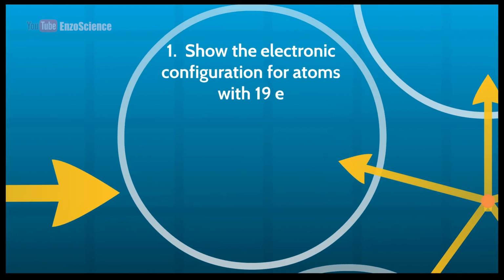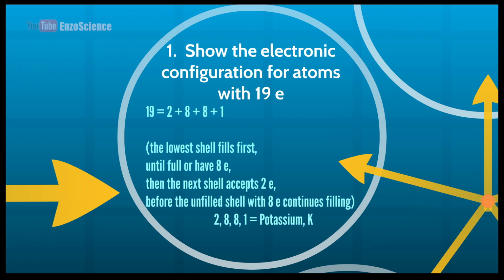The first question asks for the electronic configuration of an atom with 19 electrons. Let's fill electron shells from the lowest. The first shell contains 2 electrons. Then the second one contains 8 electrons. And we allocate another 8 electrons to the third shell for now.